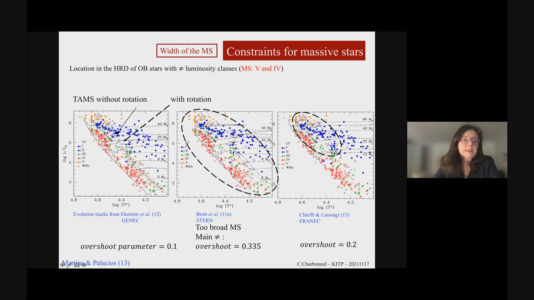Temperatures of log 4.2, 4.1. There are still stars there. So that is very suggestive that these are all still core hydrogen burning. So the TAMS shouldn't be so far to the left, but it should be much further to the right. But they are class I. It doesn't matter what the class is. The spectral class doesn't tell you whether the core is burning hydrogen, helium, or whatever. Well, not sure.